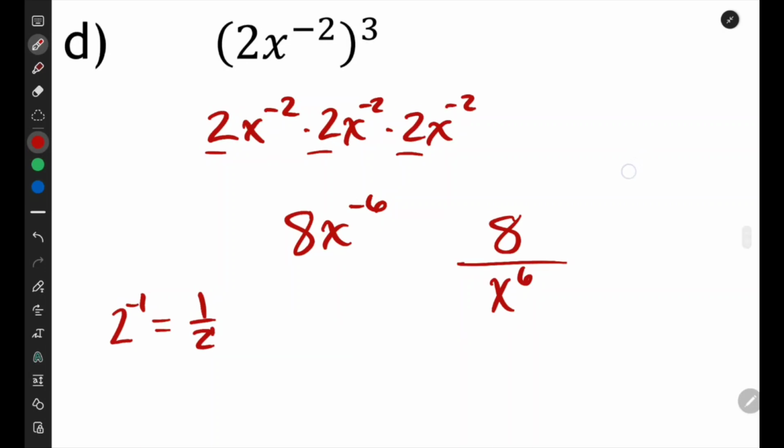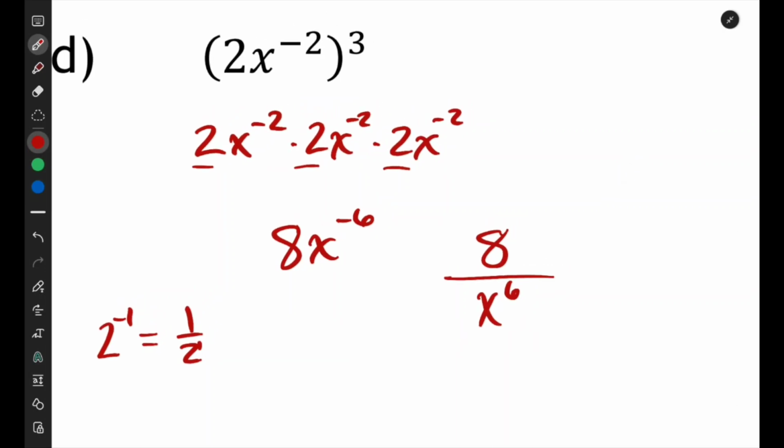And coincidentally, if I was to pick any value of x, 0 is a bad value, 1 is a bad value for test purposes, but pretty much any value of x, even 0 and 1, would work. The reason why 0 and 1 are bad test values is that 0 and 1 often work anyways. But what am I trying to say? If I took this expression and stored a value like, say, 2.3 in my calculator for x, and evaluated that and looked at the resulting decimal, I should get the exact same thing as if I left x as 2.3 and evaluated this expression.